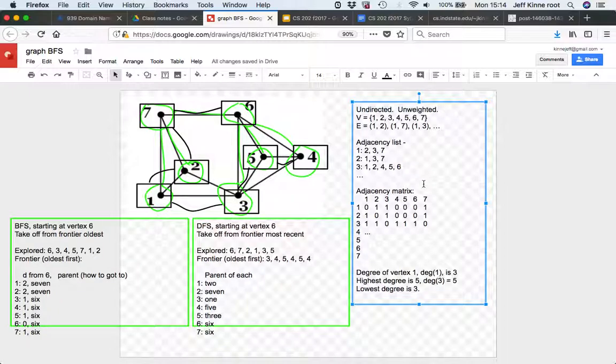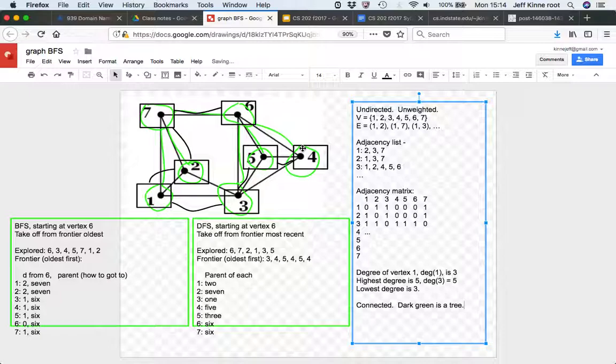Some other terms that we can throw out that we can just review. Okay, so this graph is connected. That means from any vertex you can get to any other vertex. This dark green is a tree.